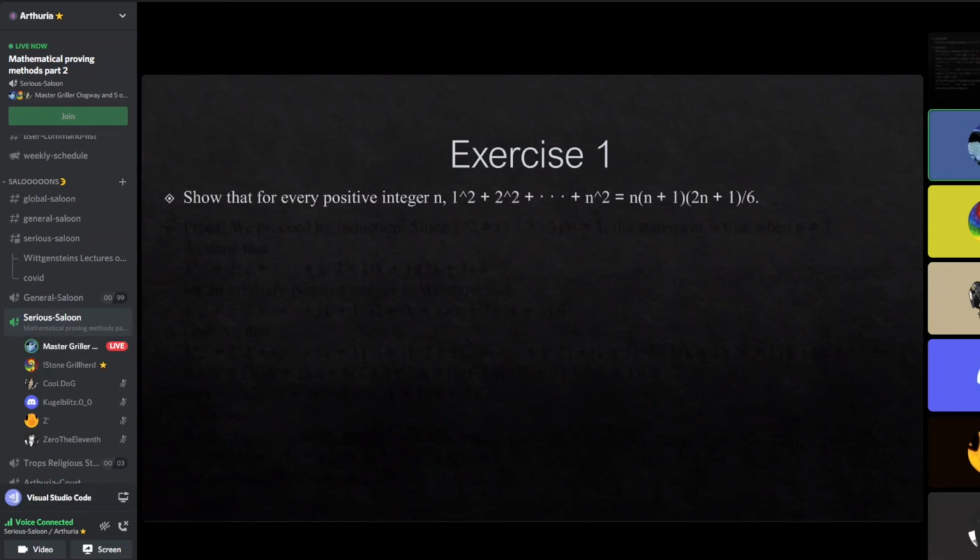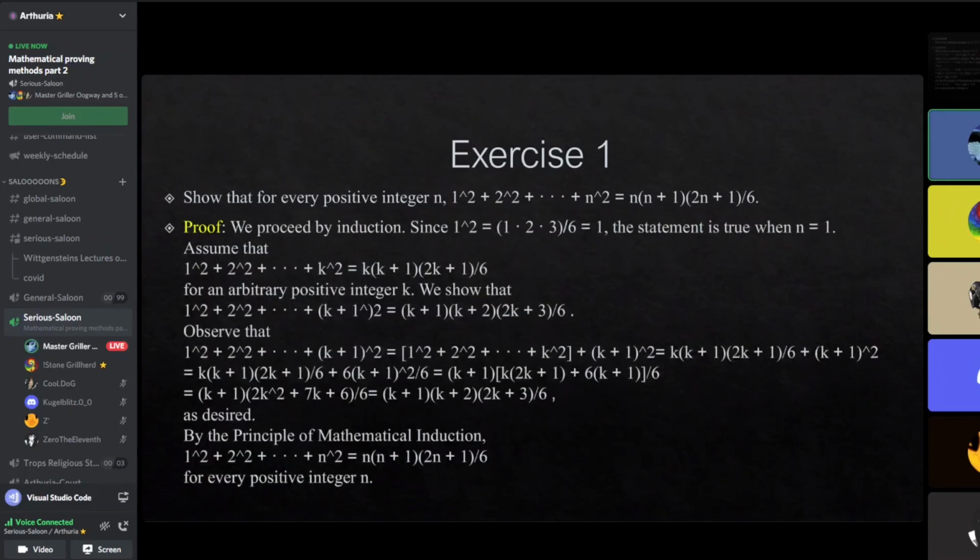It's literally the same, just different numbers, and it's a bit more complex because you have powers. So you have a sequence of powers, or more precisely, the summation of powers equaling some fraction. This is the solution. It's simple induction.